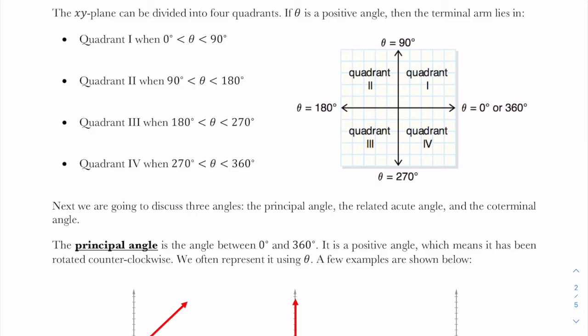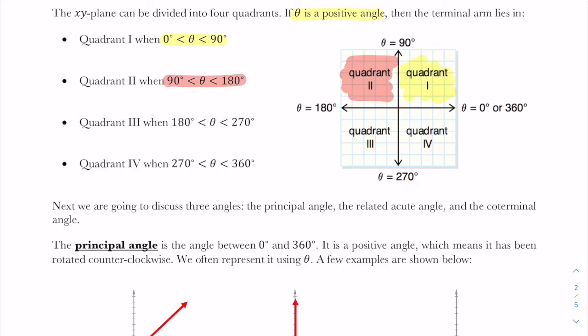As you know, we can divide the xy plane into 4 quadrants. Imagine that theta is a positive angle. Then here is a rule that tells us where to find the terminal arm. Anytime the angle is between 0 and 90 degrees, you're guaranteed to find your terminal arm somewhere in quadrant 1. Similarly, if theta is between 90 and 180 degrees, then you're guaranteed to find the terminal arm somewhere in quadrant 2.